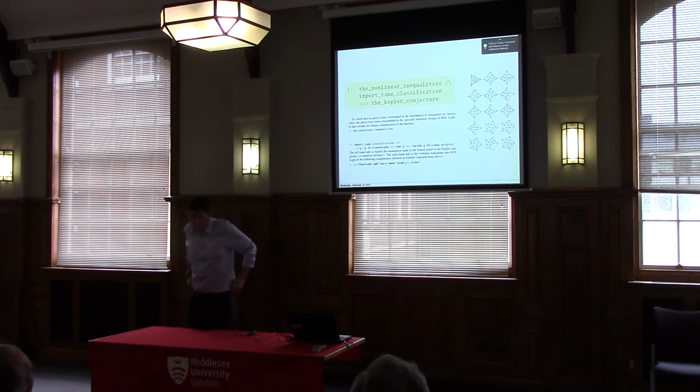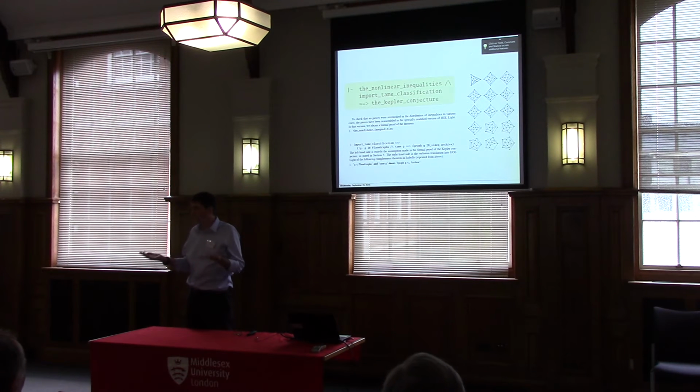And then once we have an explicit classification of the graphs, we have a nonlinear optimization problem for each graph of showing that some density measure is less than this number pi over root 18. It's called a linear relaxation of a nonlinear optimization problem. So we get linear programs.